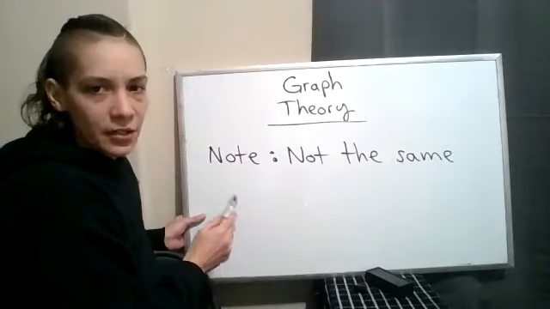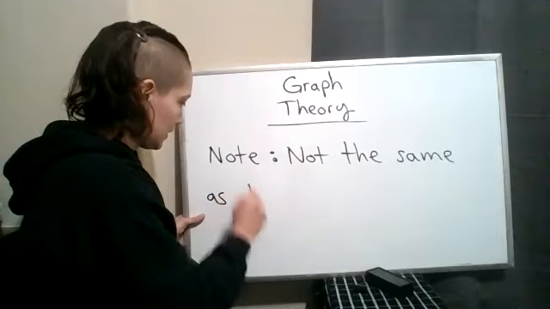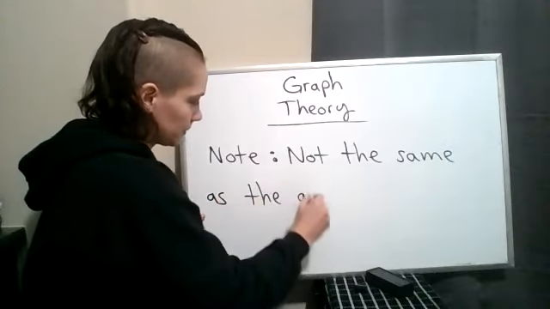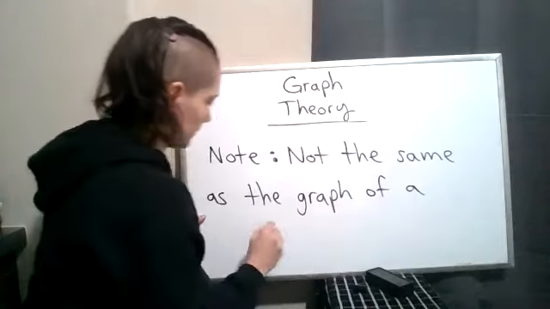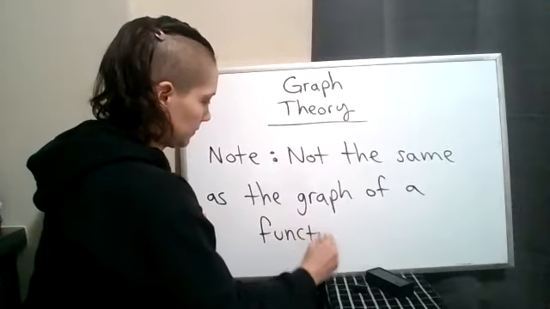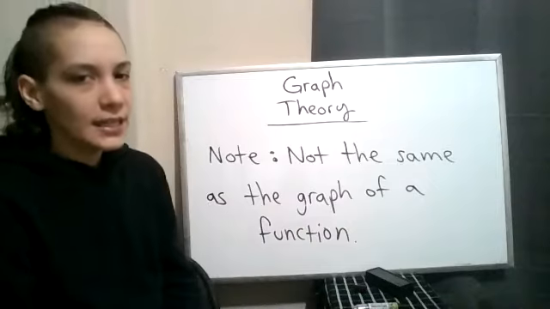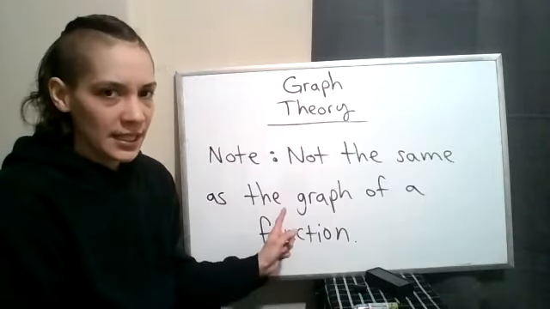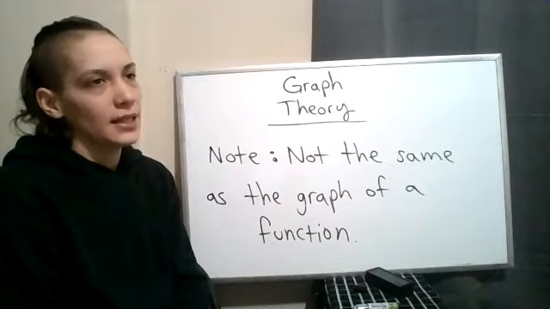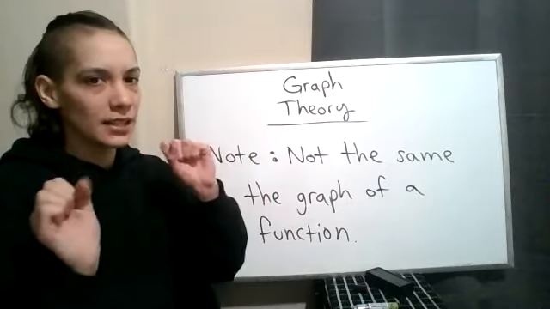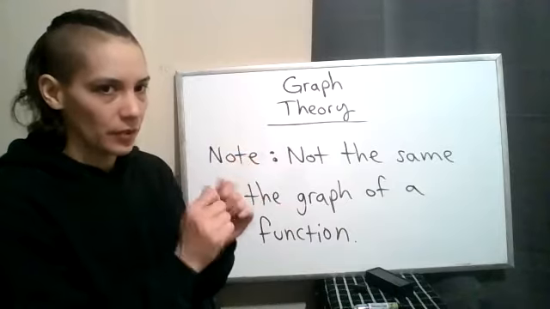So it's not the same as the graph of a function. The graph of a function is a set of points, but what we're talking about is a collection of dots and lines and relationships between the dots, which is formed by the lines.